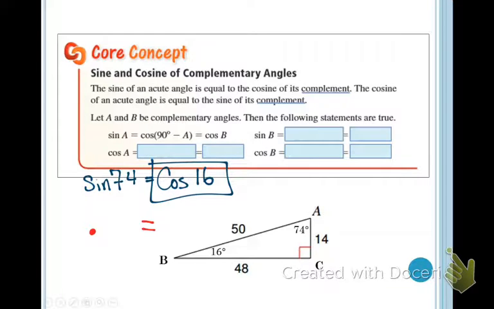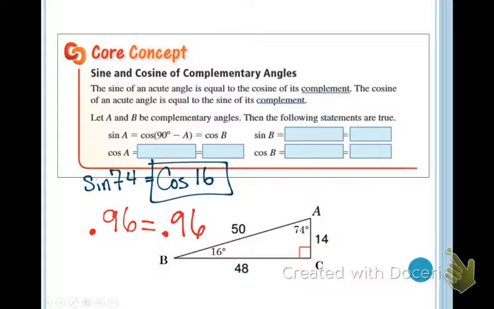I got 0.96126. So to 2 decimal places, it's 0.96. Mackenzie, can you do cosine of 16 for me? 0.96. So if you type in sine of 74, it equals 0.96. If you type in cosine of 16, you get 0.96 because they're equal to each other. So you're rewriting it in an equivalent way.